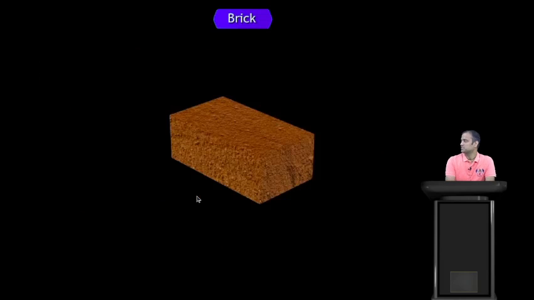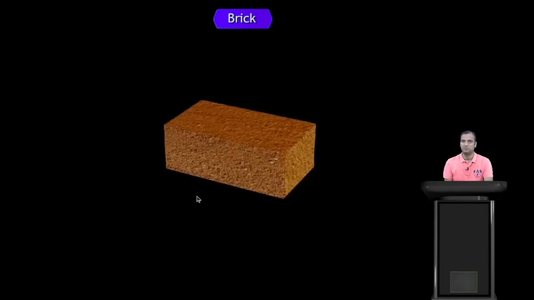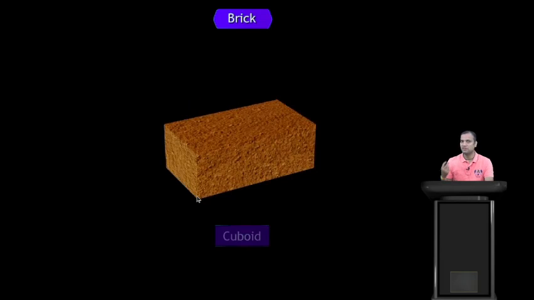First take one example. It is a brick. You already know that a brick is used to build a house. It is the foundational unit of a house. Now look here, this brick has a different shape.